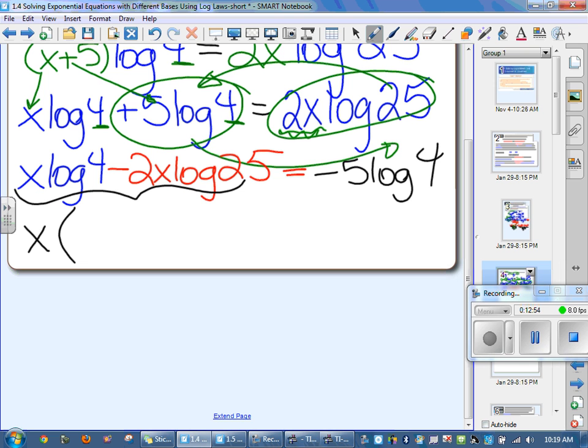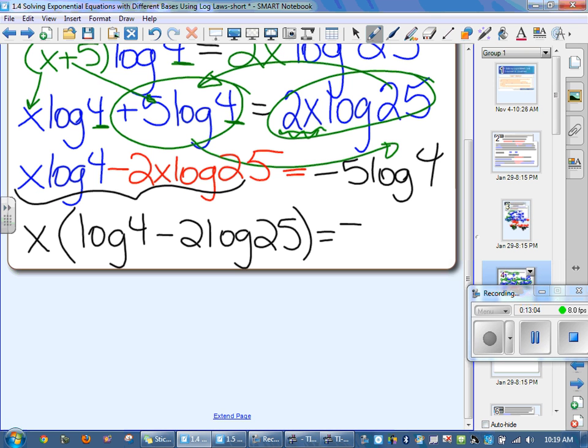So I'm going to have log 4 minus 2 log 25 equals negative 5 log 4. So all I've done is I've taken the x out of the log, and everything else came out. Okay, everything else was written down right beside. Okay, but it's in brackets.